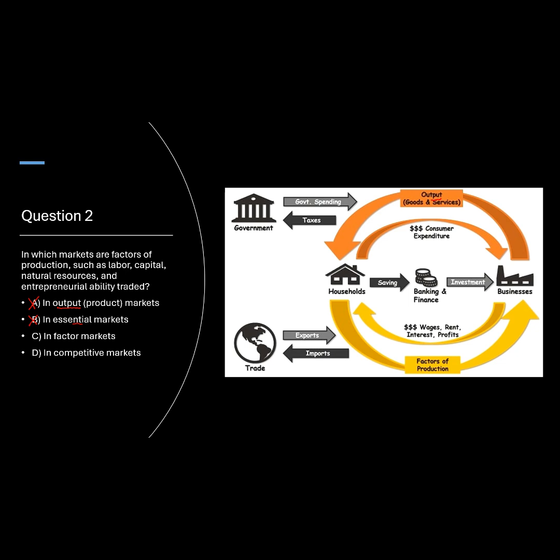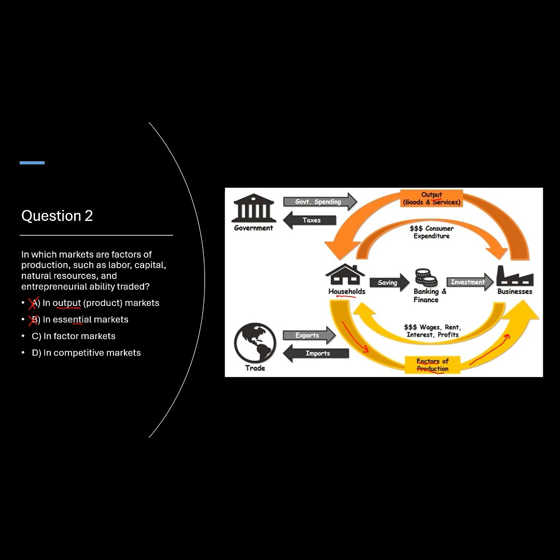Factor markets, factors of production, that is where households sell their labor to businesses, and businesses purchase that labor by providing wages. And of course, households also can provide natural resources, capital, managerial ability, or entrepreneurial ability.